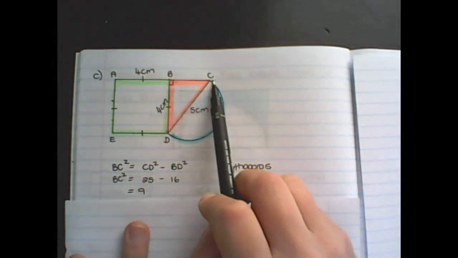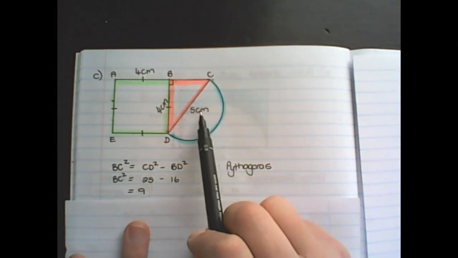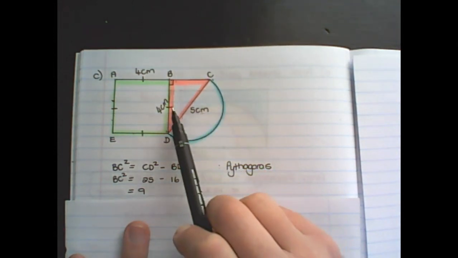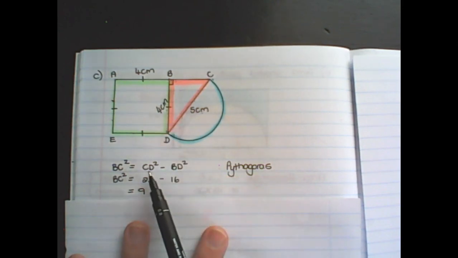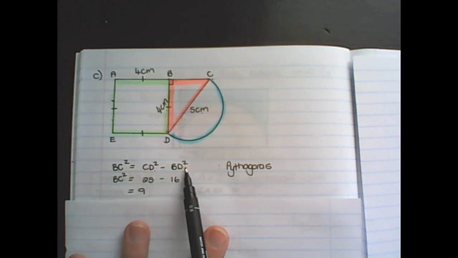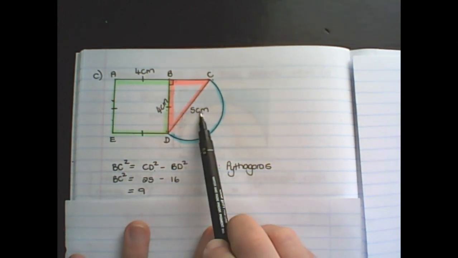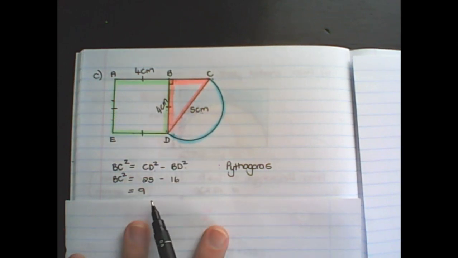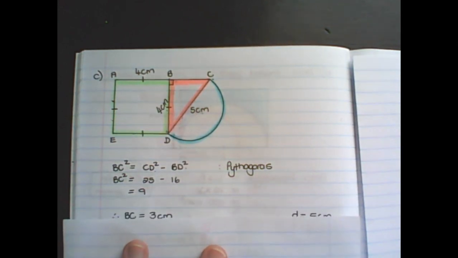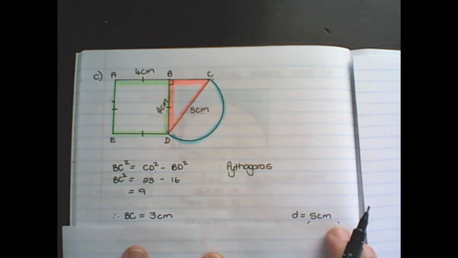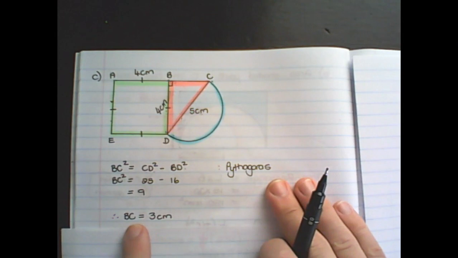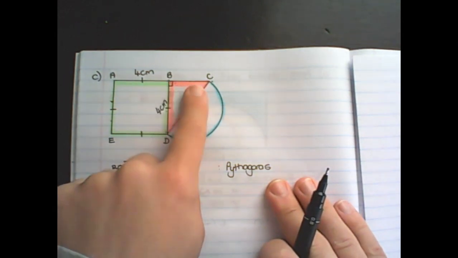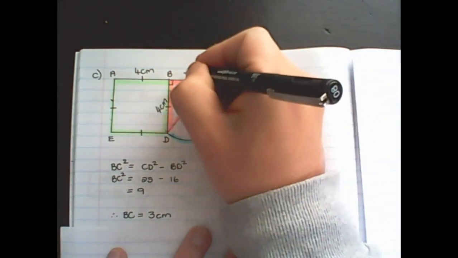So BC squared is equal to CD squared minus BD squared. So that would be 25 minus 16, which is equal to 9. And using Pythagoras, the length of BC would be 3 centimeters.